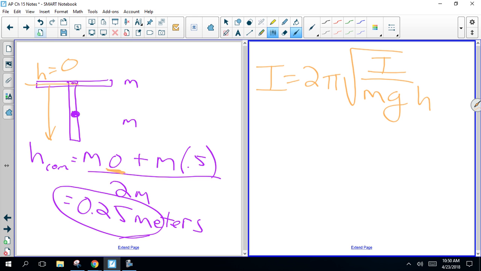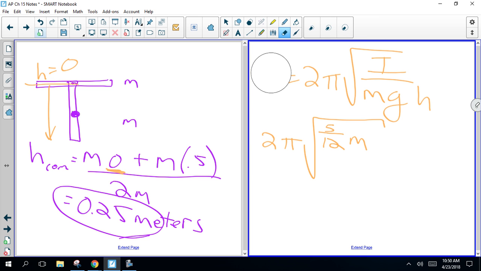There we go. Now, you got to be careful here. When I wrote this example up, I made a mistake, and you got to be careful you don't make the same mistake. All right, so it's 2 pi times the square root of, what did we decide I was? 5/12 m. Oh, T equals 2. Oh, shoot, T, thank you. T equals, thank you.